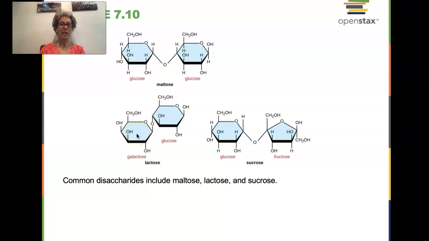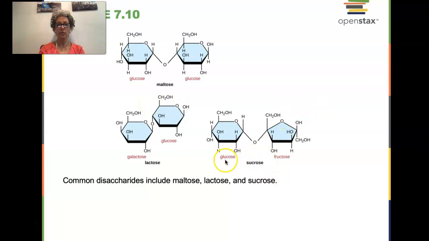Between galactose and glucose, we've also linked between the first carbon and the fourth, but because the hydroxyls and the hydrogens are in different orientations on galactose, the bond goes upwards instead of downwards.